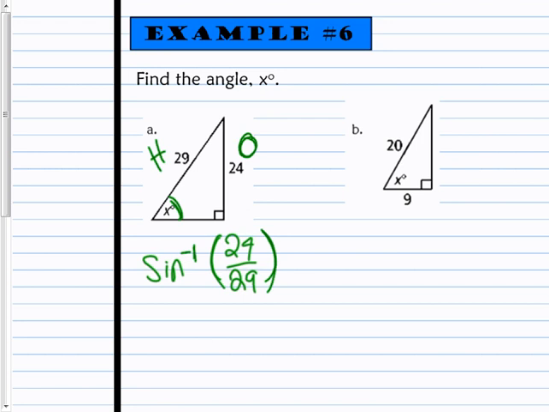Your calculator should say something like 0.8275. And then you're going to do inverse sine, so second sine, and your answer is 55.85, or to the nearest tenth, it's 55.9, or to the nearest degree, it's 56 degrees.